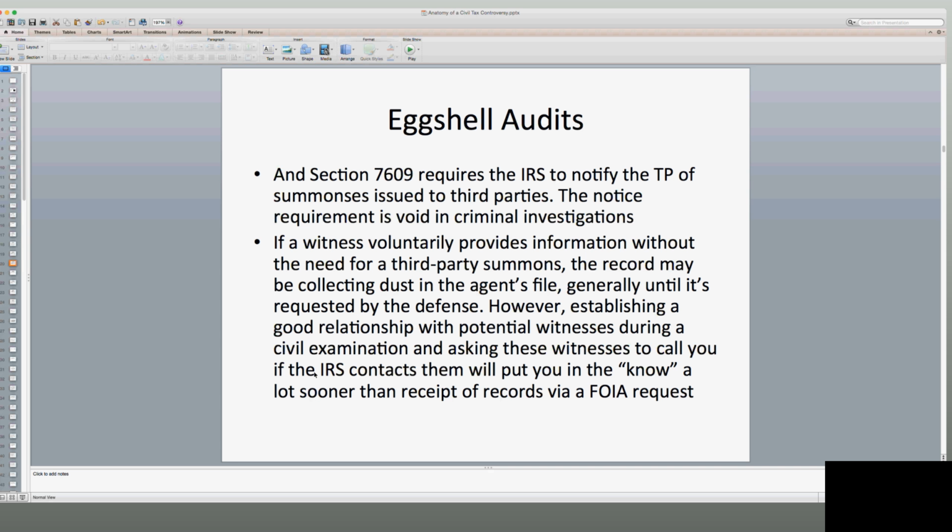FOIA requests, God, they take months sometimes to process. So I found that just notifying potential witnesses and asking them if they would let you know if they're contacted by the IRS goes a lot farther than finding these things out through ambush.